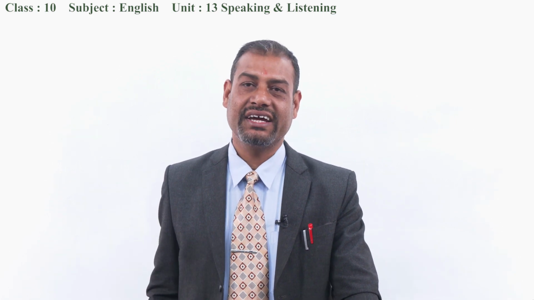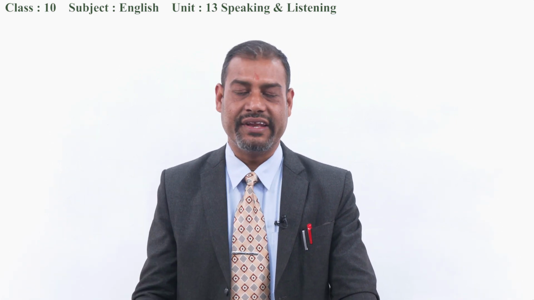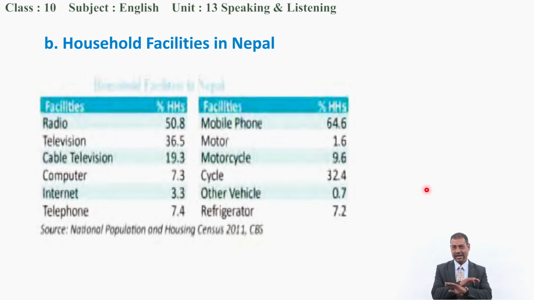So after this, we have another table. This is what again you have to do. I don't want to give you any clues, okay? You have to do it yourself. Now, household facilities in Nepal. I just want to read it for you.